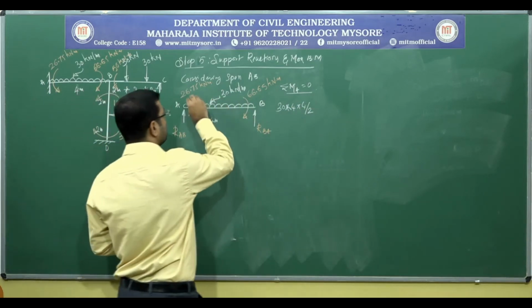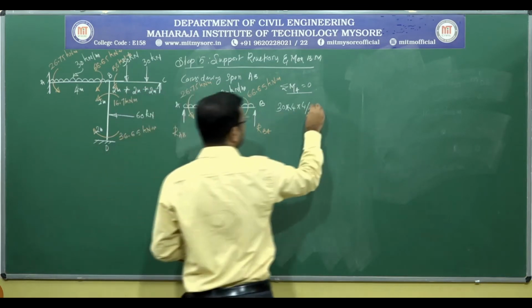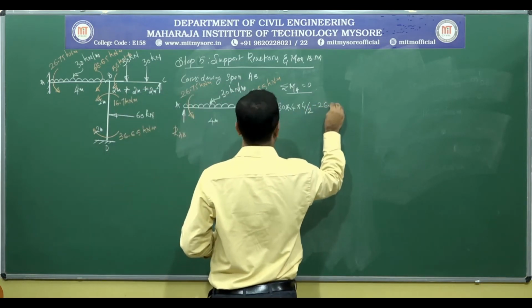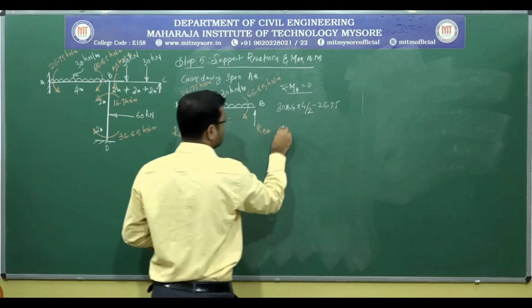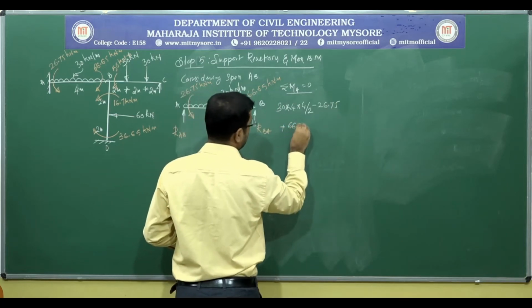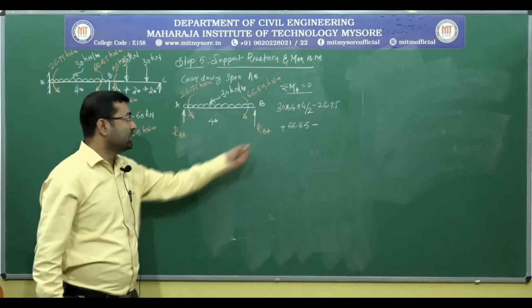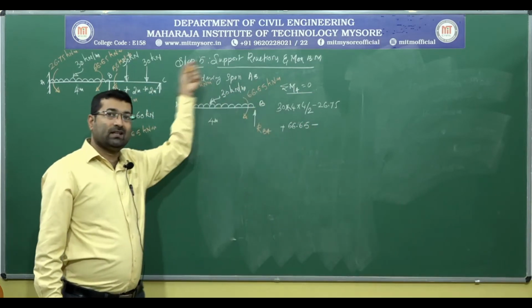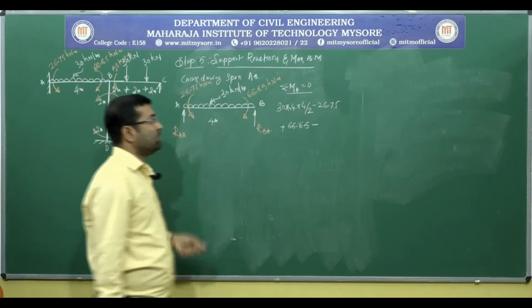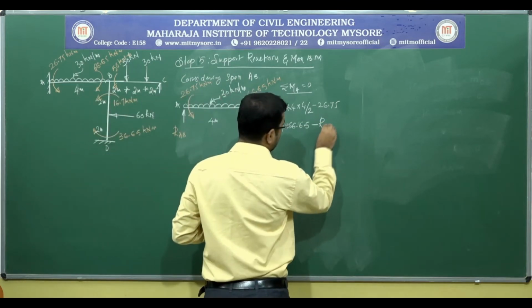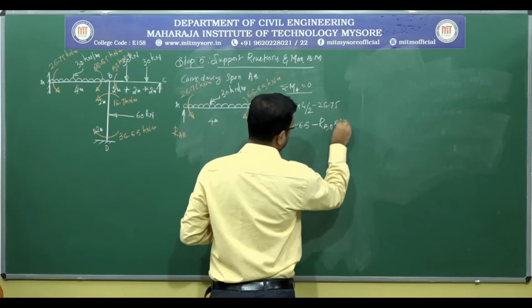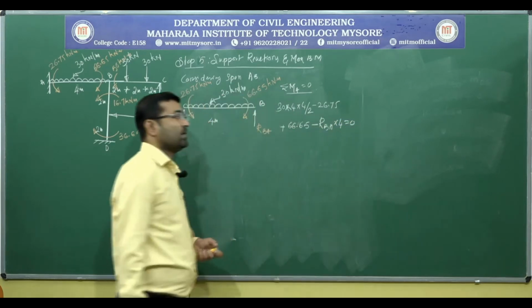Then we have these two end moments: minus 26.75, then plus 66.65, then minus RBA, which creates an anticlockwise moment about A. So it is minus RBA into 4 equating to 0.